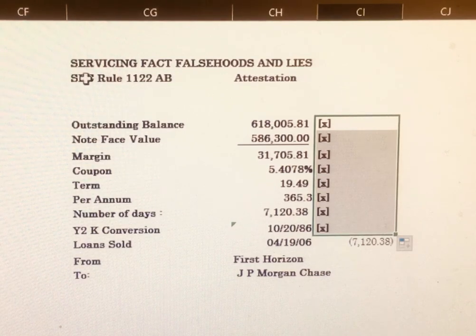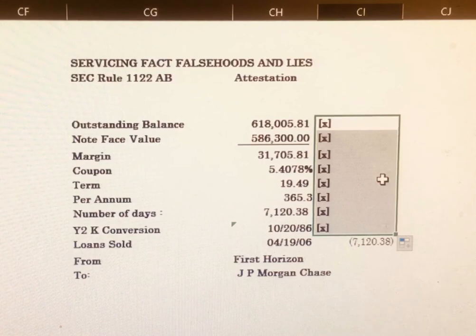So if we can find the SEC 1122AB attestation as proof with these numbers that what's happening here is beyond the scope of a mortgage, beyond the scope of a conventional loan, it's an installment sale by cancellation of debt and involuntary conversion.